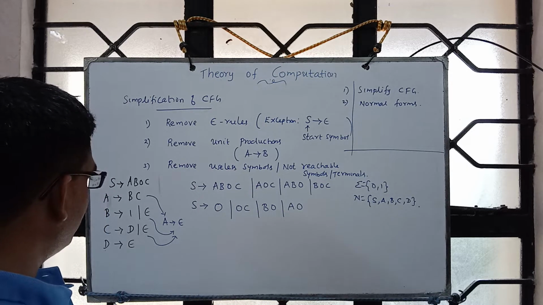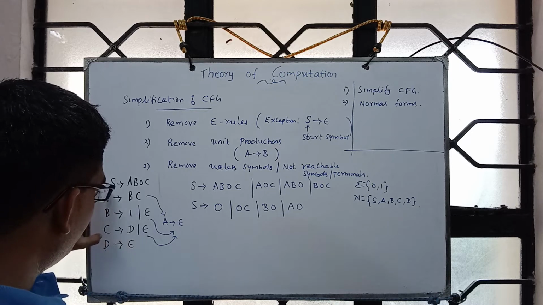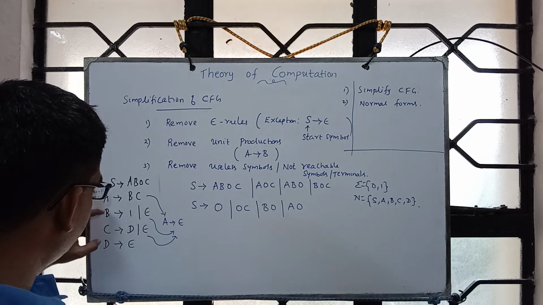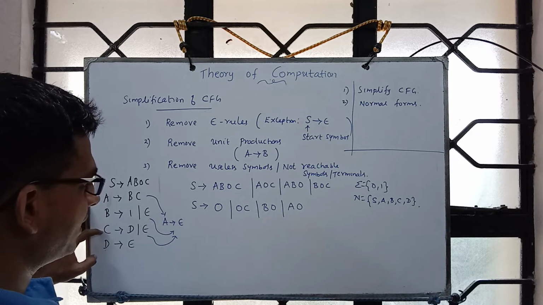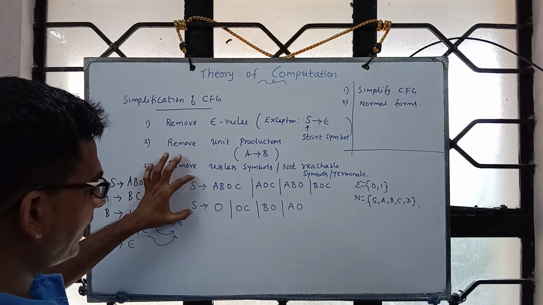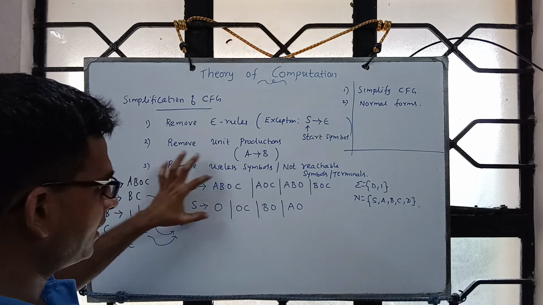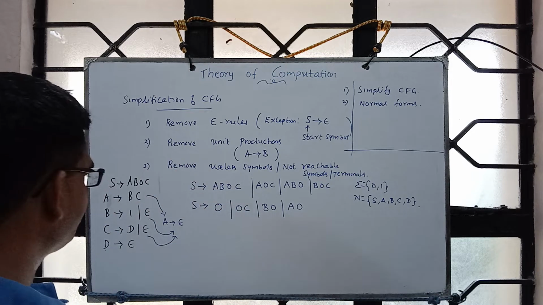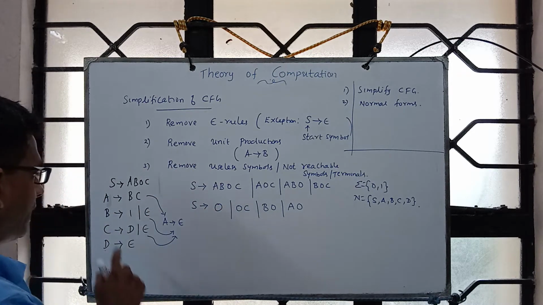Now this will ensure that if you substitute A → epsilon, B → epsilon, or C → epsilon, whatever string you will generate on the right, that is precisely captured using this. Okay.